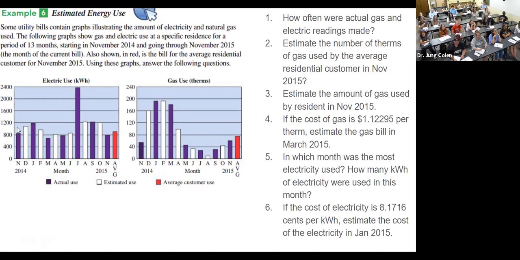Right in the middle, 1,000? Yeah, 1,000, but it's so much higher than that. 1,100 is about here. I would say this is about 1,200, because it's very close, right? We can approximate this as 1,200. And how about this one? 8. So 1,200 times 8. 9,600. So about 9,600 is the cost. Okay? Any questions so far?